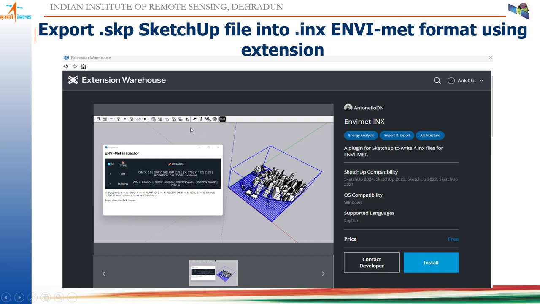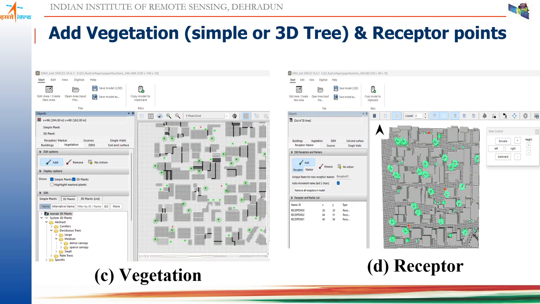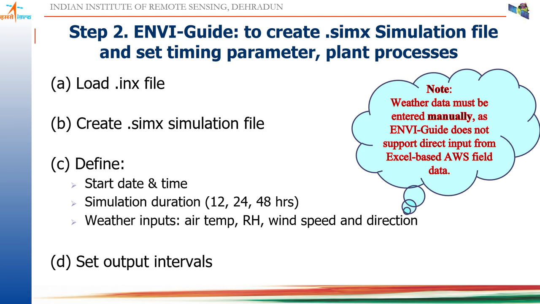This extension, ENVI-met INX, exports a SketchUp file into the ENVI-met .INX format. Assign the buildings and all. This is very simple, and vegetation also. You should define the shifter point, how much shift you need, and move to the second step.